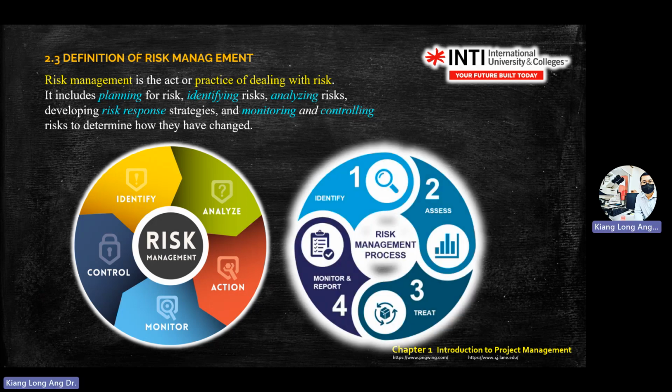Some textbooks use other words for risk management. If you look at the left hand side, it starts with planning, then identify, analyze, action, monitor, control. Some textbooks use the right hand side: identify, assess, track, monitoring, and report. Both are correct.